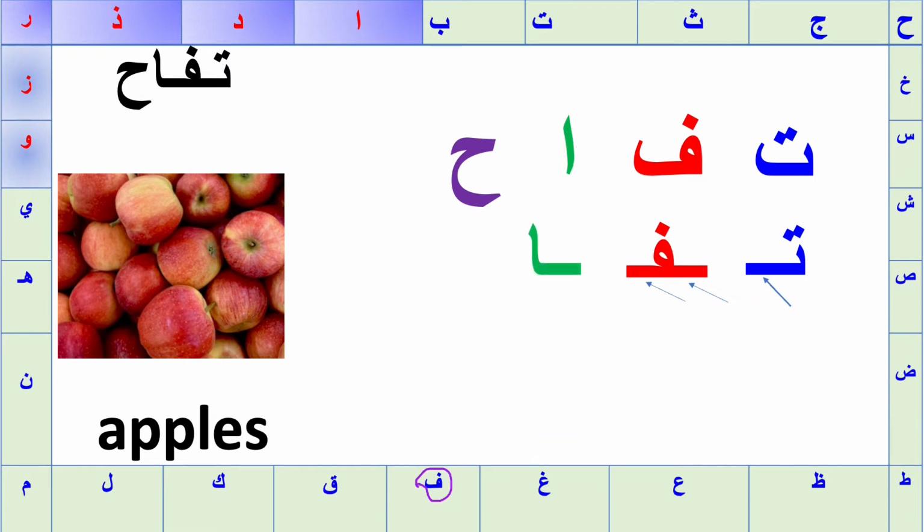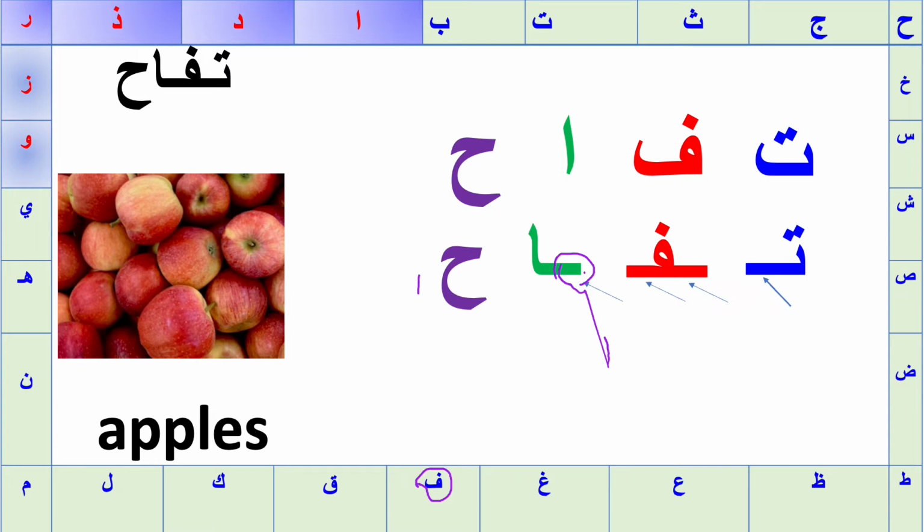The following letter is alif, and we can notice the change in the shape where there is an extension here, showing that it is made ready to connect with the preceding letter fa in this example. And finally, the ha will appear as it is for the following reason. It cannot connect with the alif because the alif is one of the letters that can only connect to the right hand side but not to the left hand side.